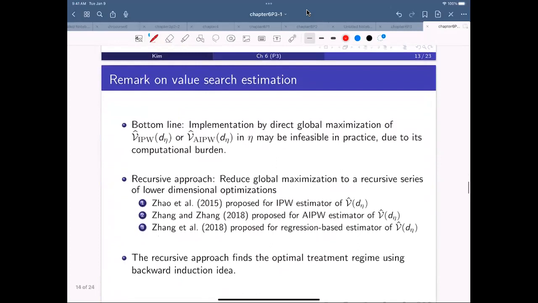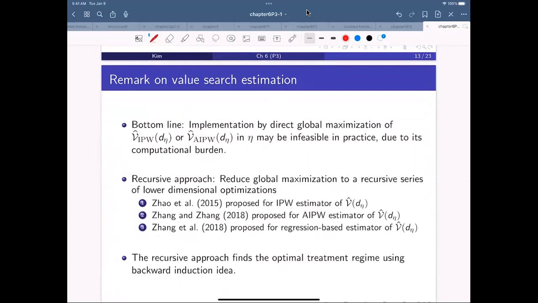The bottom line is that the implementation by direct global maximization of the estimated value, in terms of eta, may be infeasible in practice due to its computational burden.